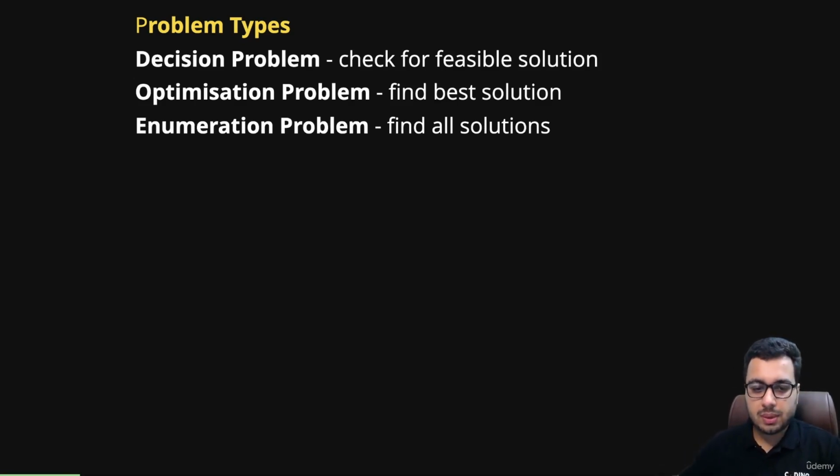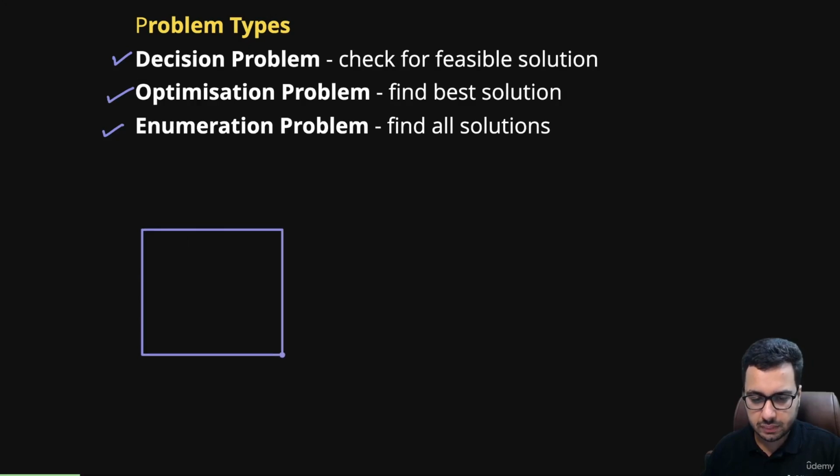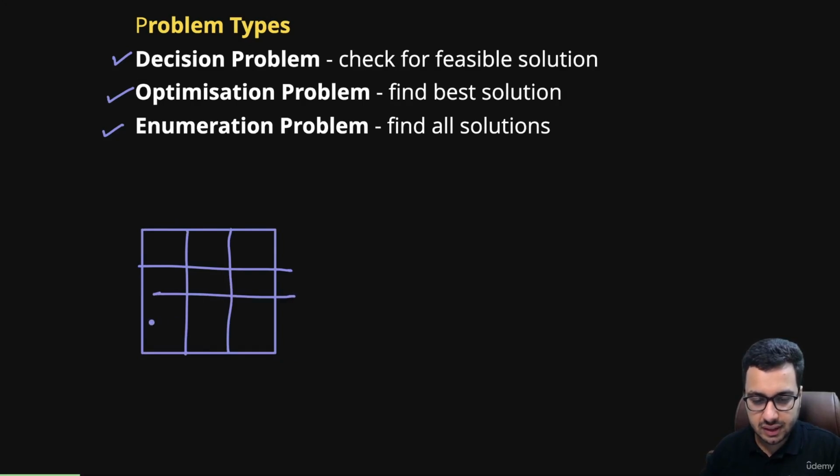Each of these problems can be divided into one of these categories. One is a decision problem, one is an optimization problem, and one is an enumeration problem. So what is a decision problem? In a decision problem, we check for a feasible solution. For example, let's say you are given a grid, and in that particular grid, certain cells are blocked.